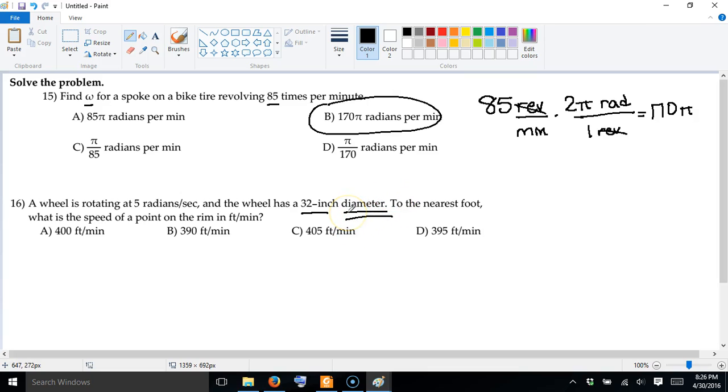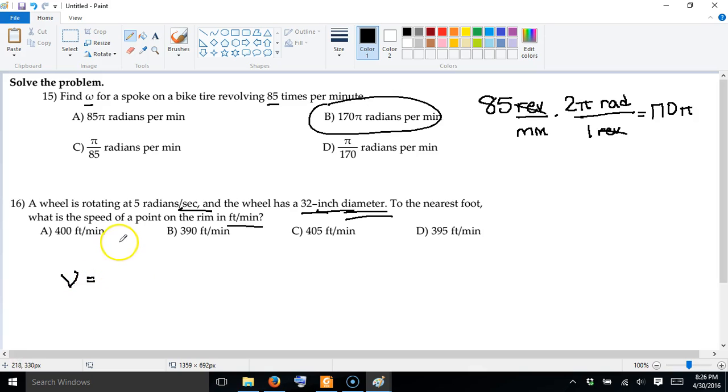This one is actually not so bad in calculating the linear speed, but you have some converting to do because you are given inches here for the diameter, and this is in radians per second, but it wants our answer to be in feet per minute. So let's go ahead and just calculate this linear velocity.